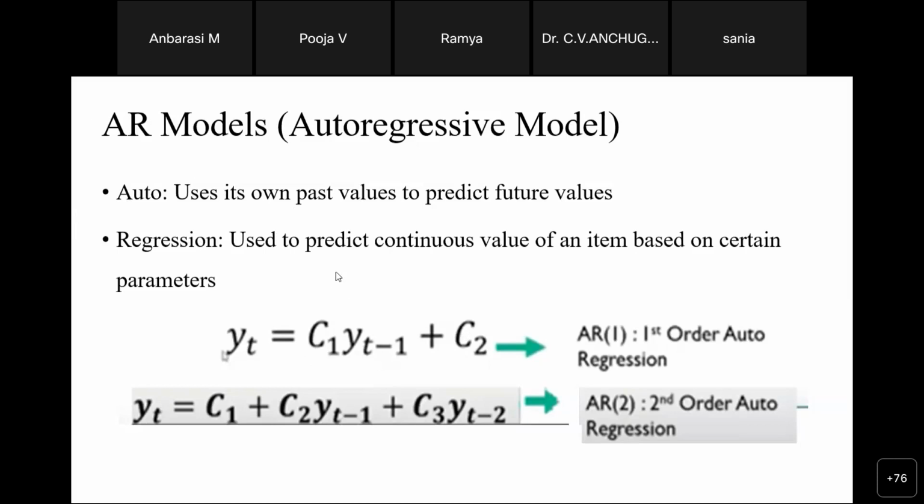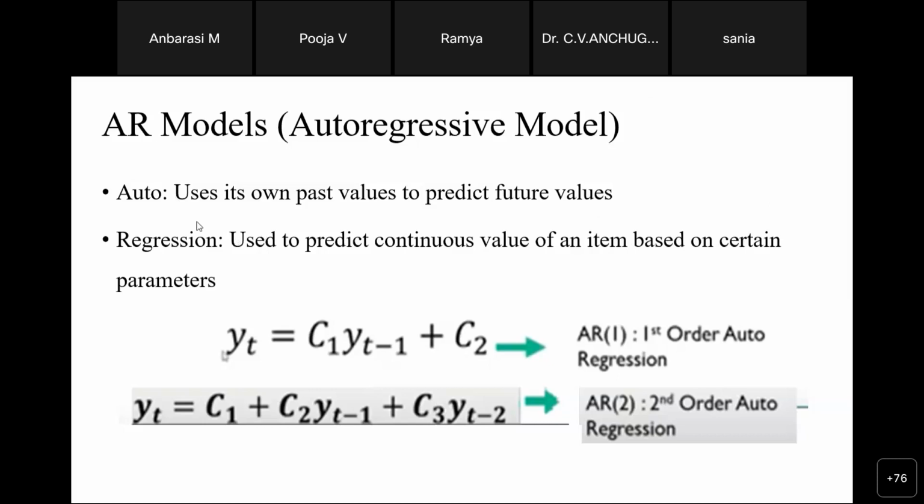Even in predictions, we have a regression technique, y equals alpha plus beta x, where we draw one line. If you know the value of x, we can predict the value of y. So based on some parameters, we can predict some values. That is what we call regression in prediction techniques.